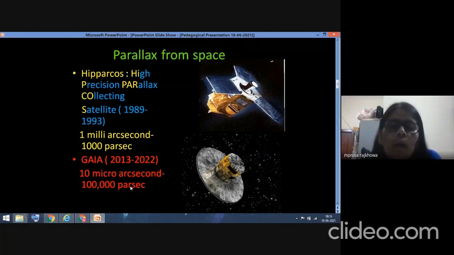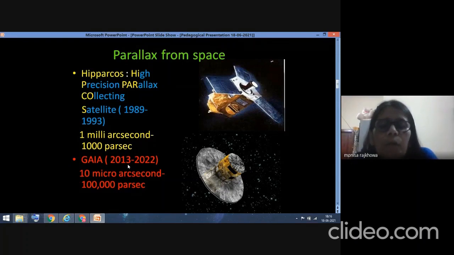So with the parallax method, measuring the parallax from space with the help of Hipparcos and Gaia, we are now able to detect objects or measure distance of objects as far away as 100,000 parsecs.